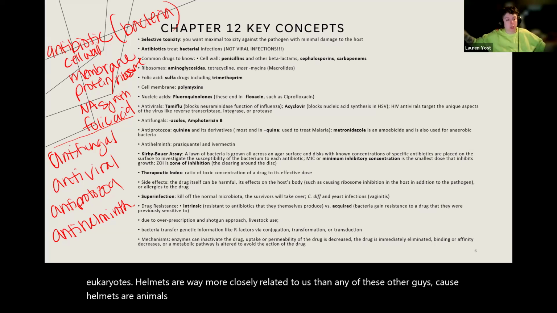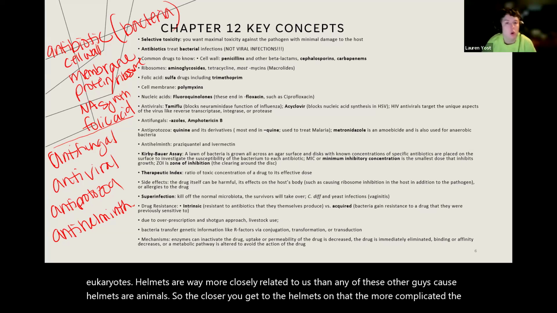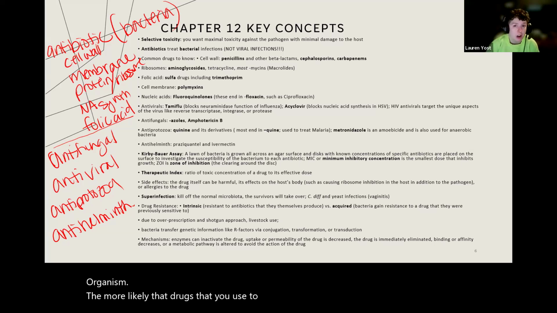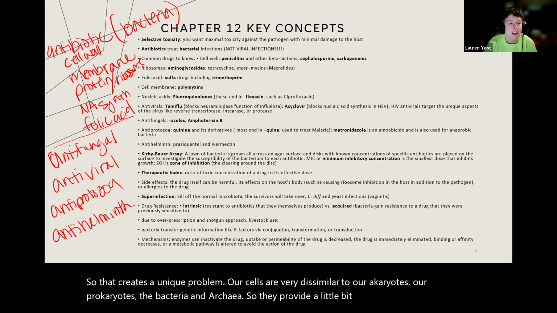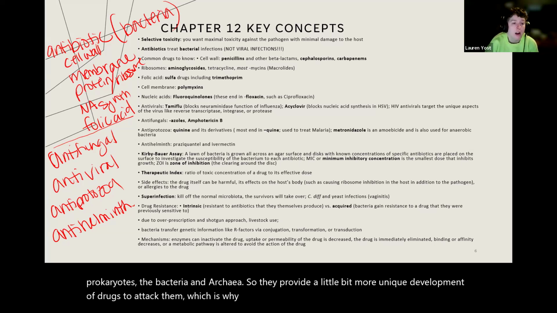So the closer you get to the helminths, the more complicated the organism, the more likely that drugs you use to kill those guys could be toxic to you. So that creates a unique problem. Our cells are very dissimilar to prokaryotes, the bacteria and archaea, so they provide a little bit more unique development of drugs to attack them, which is why we have such a wide group of them.